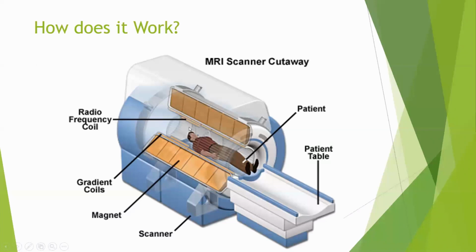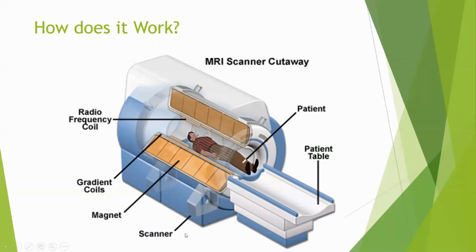These radio frequency coils push the hydrogen protons to a wobbling state, and when that radio frequency is taken out, the protons relax, and the radio frequency energy that they emit is captured by the scanner, and then the image is constructed from that. Three things are important for understanding an MRI machine: the magnet, the radio frequency coil, and the scanner. That's it essentially.